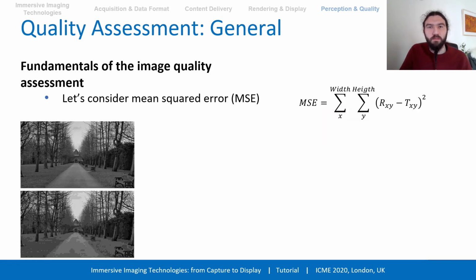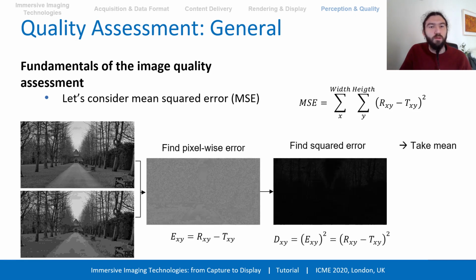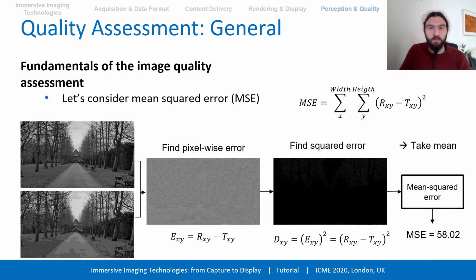Even though I believe that many of the listeners are already familiar with the fundamentals of image quality assessment, to keep everyone in the loop, I would like to just provide an example of a very simple full reference quality assessment method, that is mean squared error. So the mean squared error takes two different images and finds a pixel-wise error in those image pixel values, computes the square of the pixel-wise error and takes the mean of this squared value.